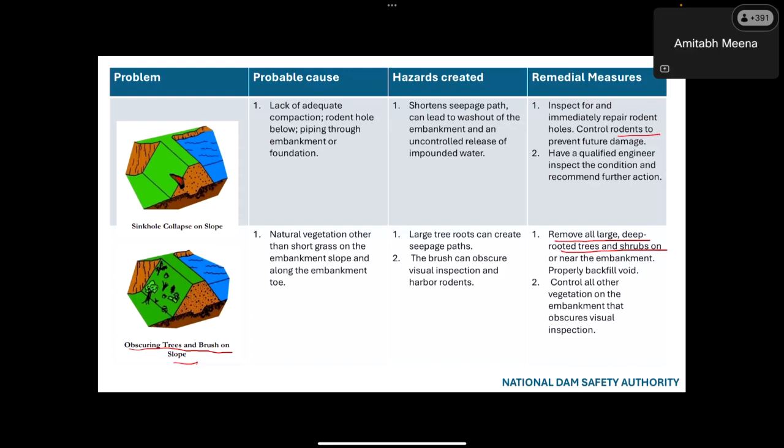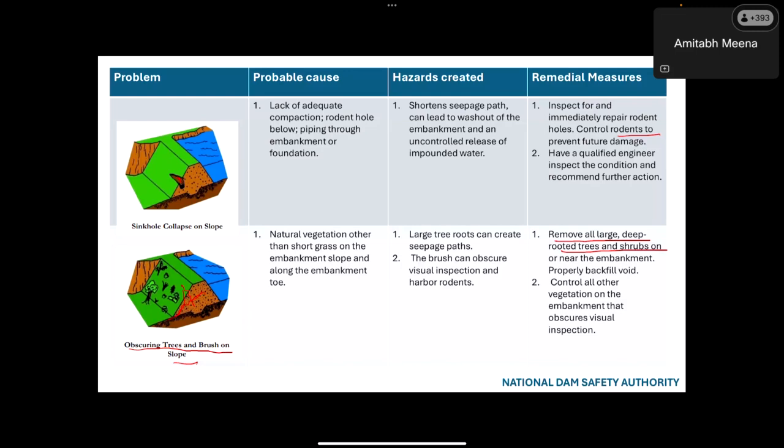So vegetation could cause two types of problems. One thing is its roots. If the roots go deep into the body, they can create a path for seepage. Suppose this is the root, the path will reduce seepage resistance, and therefore the chances of piping will increase.